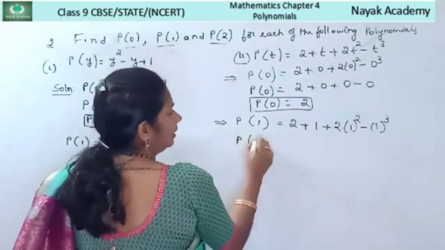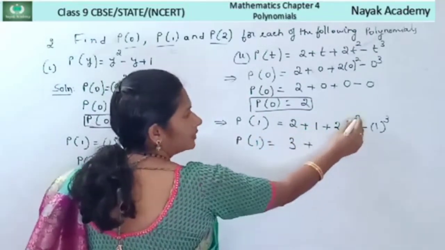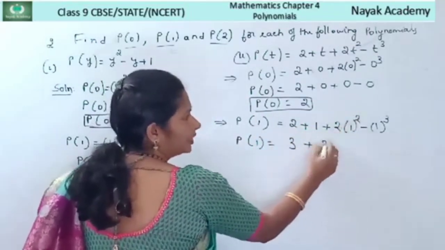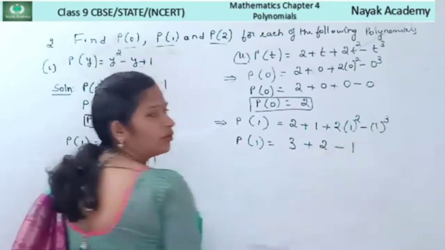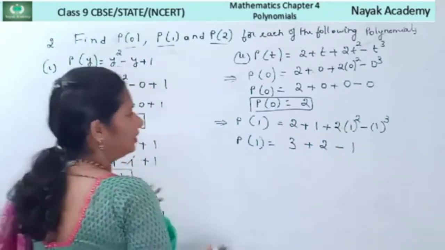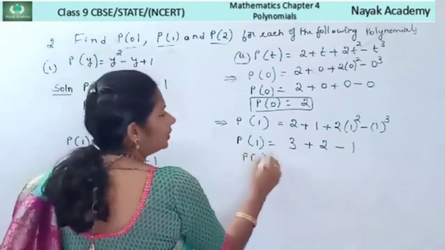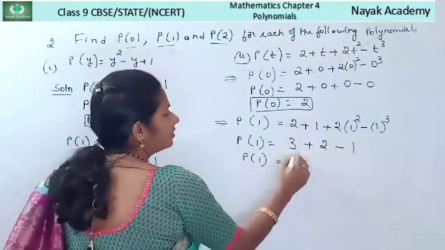So p of 1 equals 2 plus 1, it is 3, plus 1 square is 1, 1 into 2, it is 2, minus 1 cube is 1. 1 you have to multiply 3 times, 1 into 1 into 1, you will get answer as 1 only. So p of 1 value is 3 plus 2, 5, 5 minus 1, it is 4.